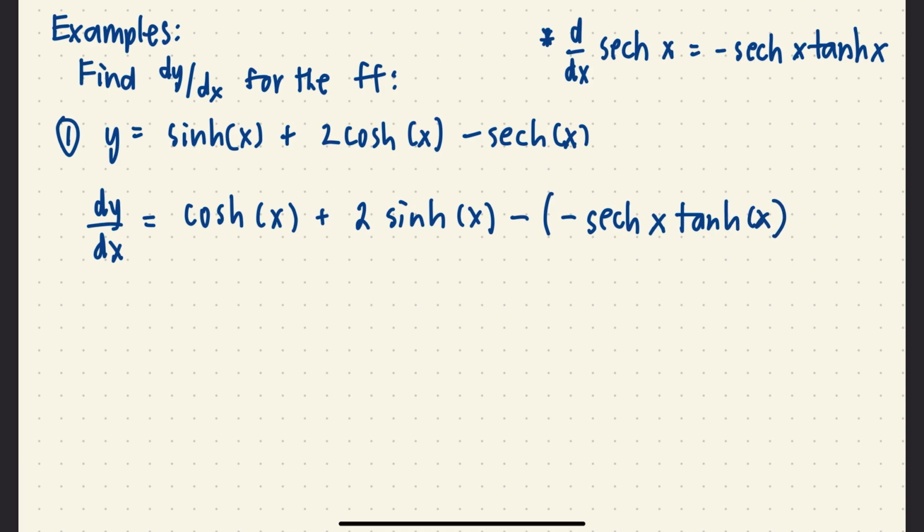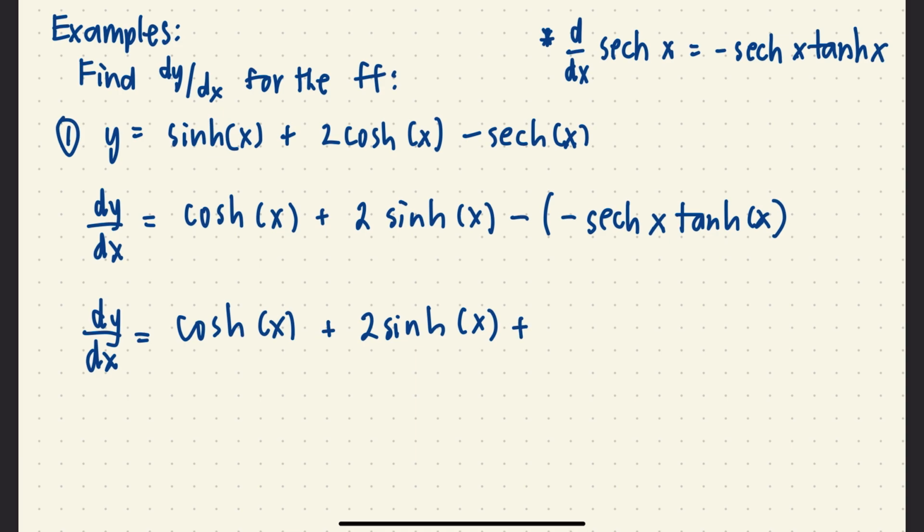Simplifying this, your derivative is simply the hyperbolic cosine of x plus 2 times the hyperbolic sine of x plus the hyperbolic secant of x hyperbolic tangent of x.